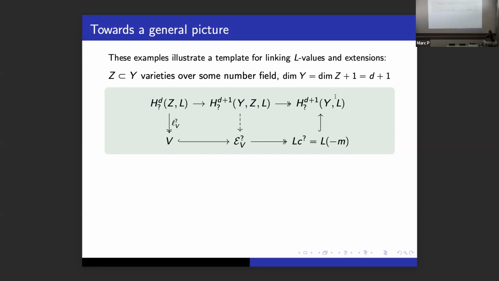And then we take some explicit class C inside our cohomology, and that gives us a line. And maybe it's a particularly nice line. Like in the Galois world, it might come with a particularly nice action of the Galois group, like the -m Tate twist.